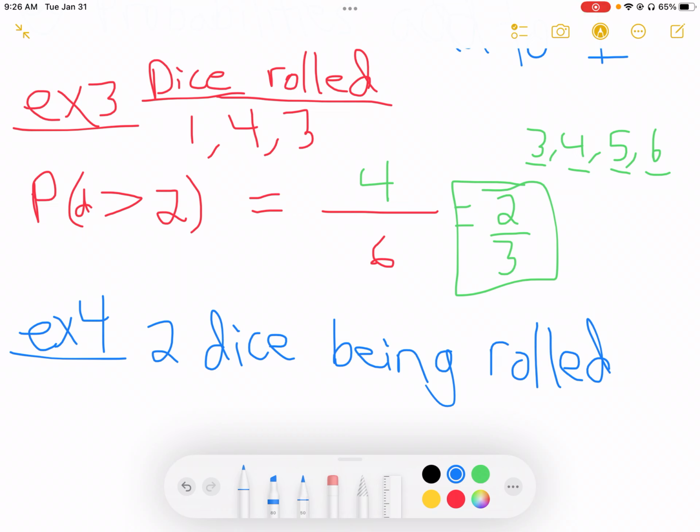So it says the probability that the sum of the numbers rolled is equal to 7.